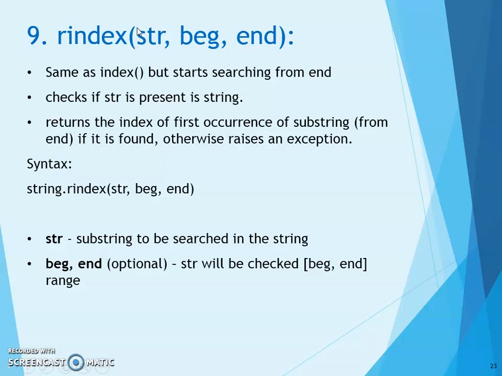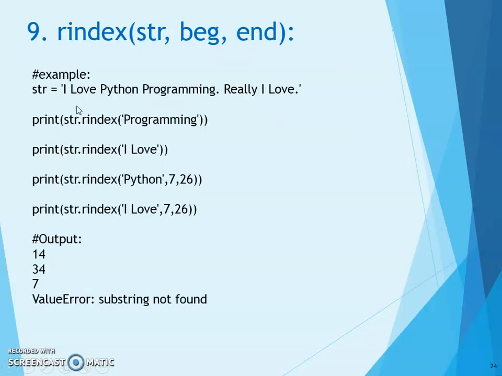Here, str is the substring, and it will check between these two: the starting point and the end point. So this is the string, this is an example. I love Python programming, or really I love. If we want to check whether programming is present in the string, it will find it at the 14th index, so it will return 14.